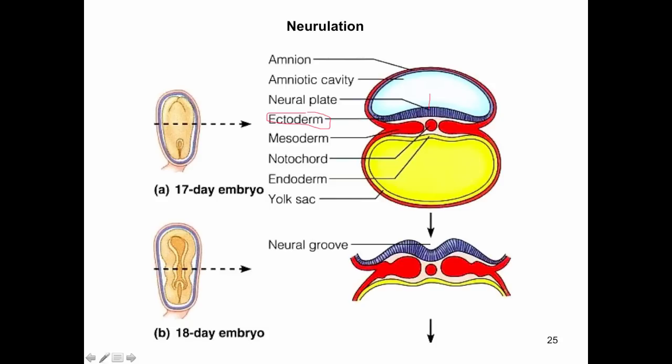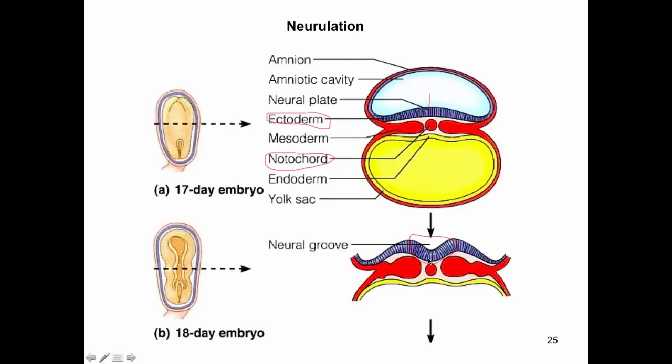So what happens in the process of neurulation is that a central portion of this ectoderm becomes what's called neuroectoderm. Okay, so it differentiates into pre-nervous tissue. And there's this thing called the notochord, right? This little clump of cells right underneath the ectoderm actually initiates this transformation. So the notochord is controlling this process of neurulation.